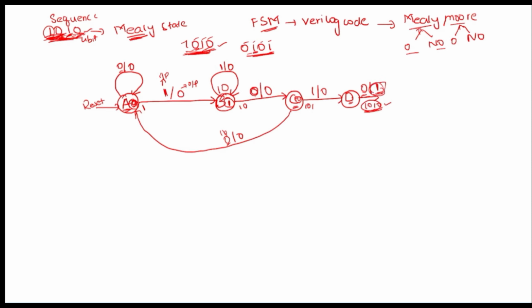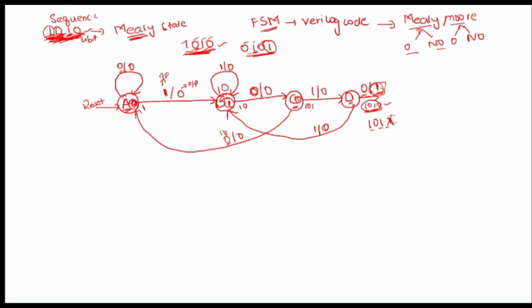Fine. If D is not 0, that means if D is 1, then what happens? Then it will be going to the state which has 1. Now if you see here, what is the state that is having 1? B. So it will be going to B. When D is 1, the output is 0, because if you are getting 1 0 1 1, that means here you should get 0 in order to complete the sequence.